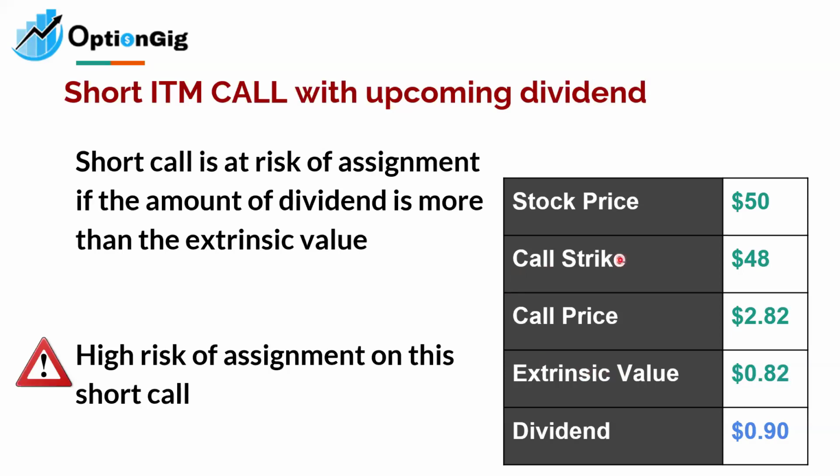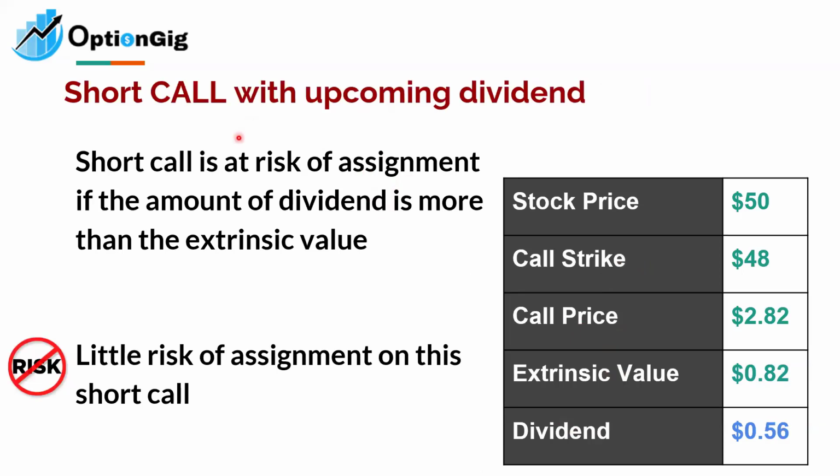Make sure, if you are in such a trade, to look at what the dividend is and what the extrinsic value is, which will give an idea of whether this could be assigned early or not, and then you can take appropriate measures. You will not be surprised if you keep an eye on this.